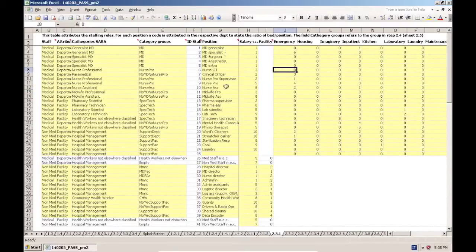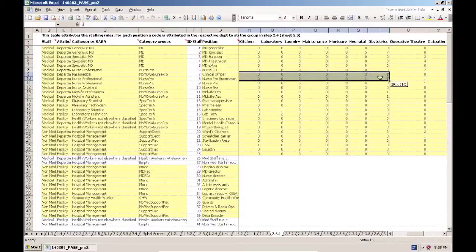So for every position you have to write the entire row, assigning the ratio to the position in the department. If you write 0, then PASS knows that that position is not supposed to be present in the specific department.